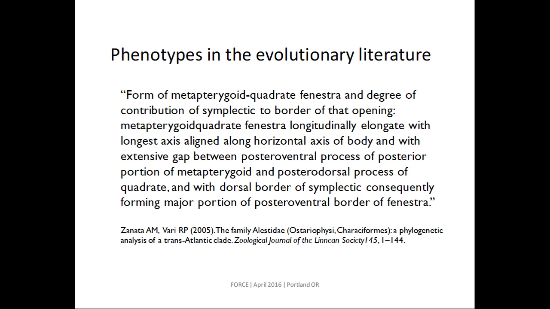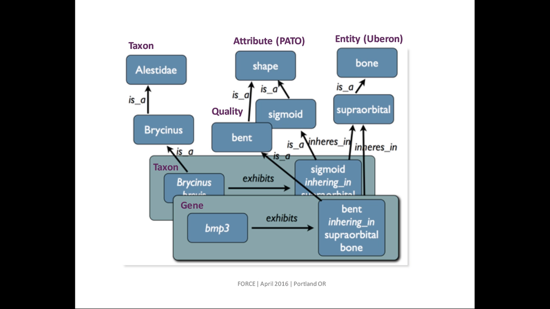So I'm going to go very quickly over this image, which just shows a simple phenotype, both for genes at the bottom in the front gray box, for a taxon, so the evolutionary phenotypes we're interested in the back box, and the relationship to ontologies above them.